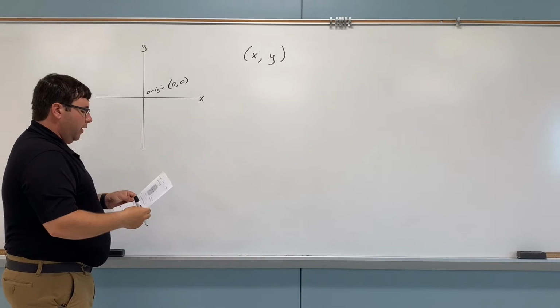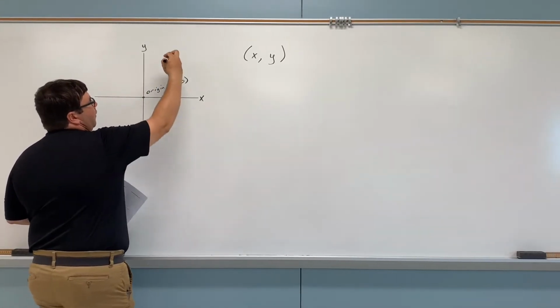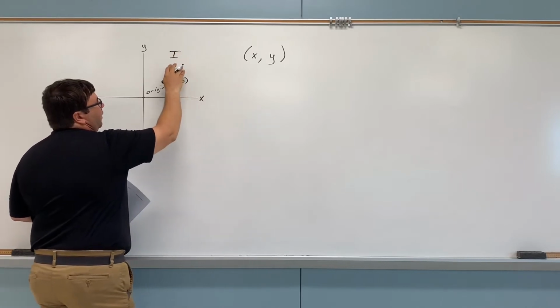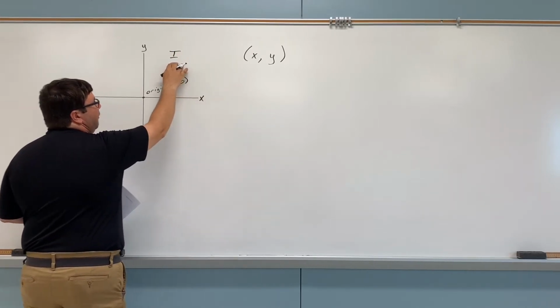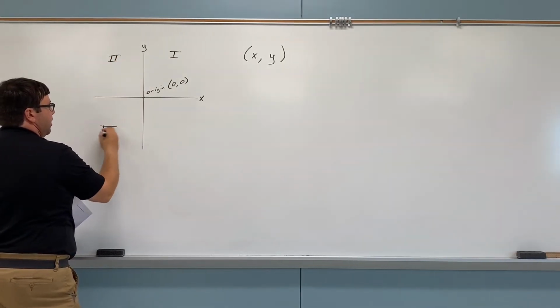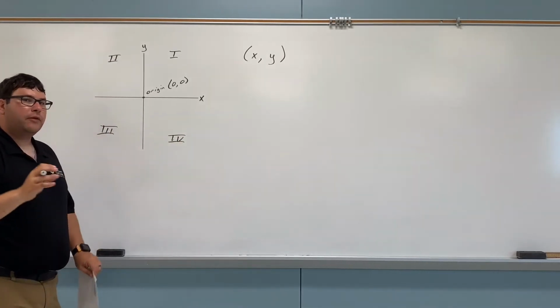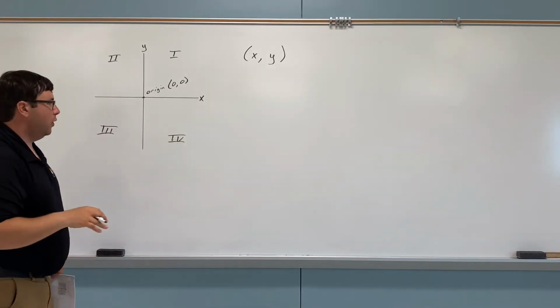Now, if we look at these four sections, each one is what we call a quadrant. This is quadrant 1, and it moves counterclockwise to quadrant 2, quadrant 3, and quadrant 4. There are some unique properties to each of these quadrants.